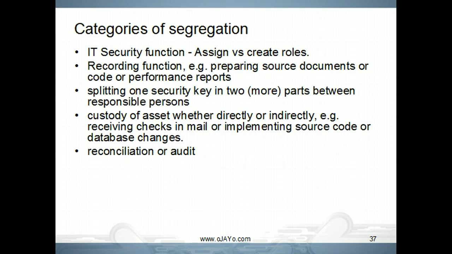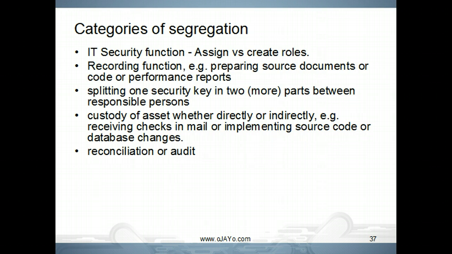What are the categories of segregation? There are security functions like assign roles versus create roles. Then there is recording function, for example, preparing source documents or code or performance report.